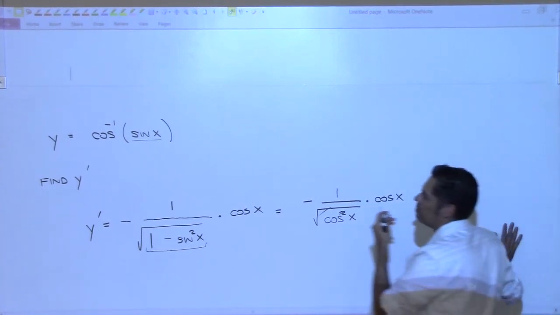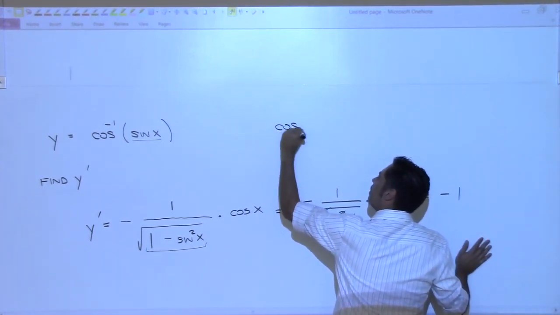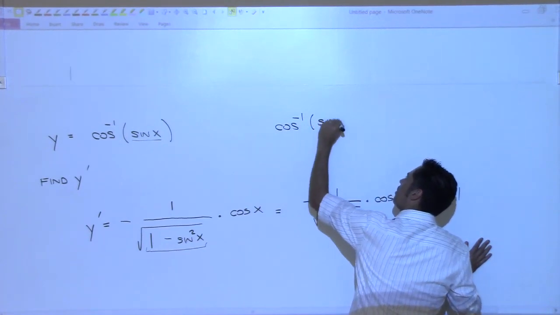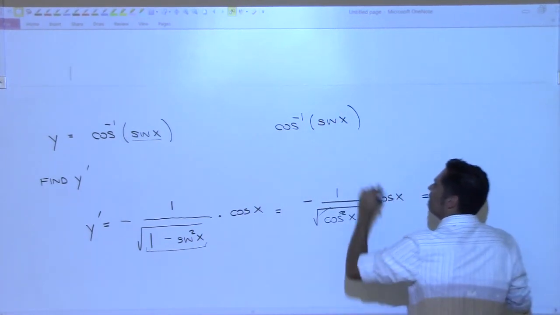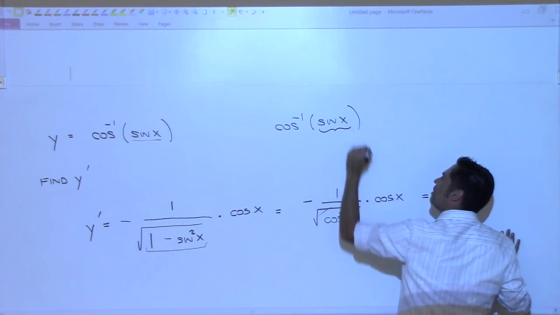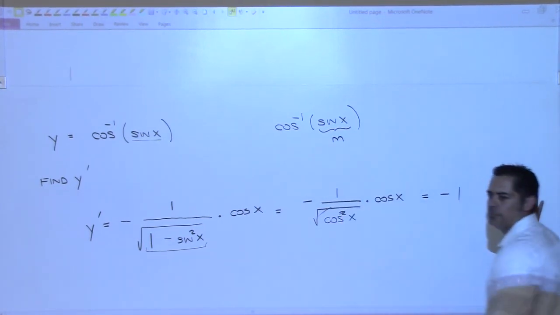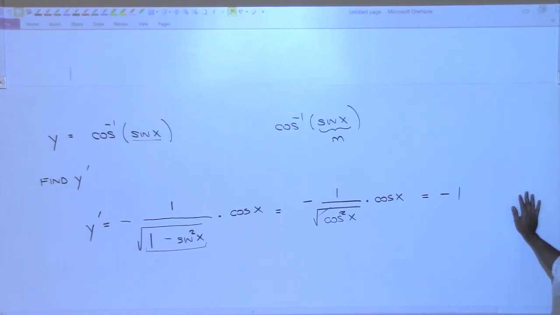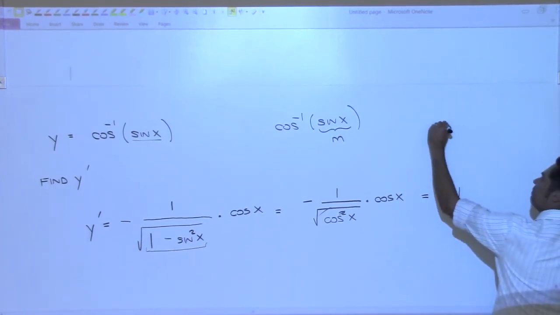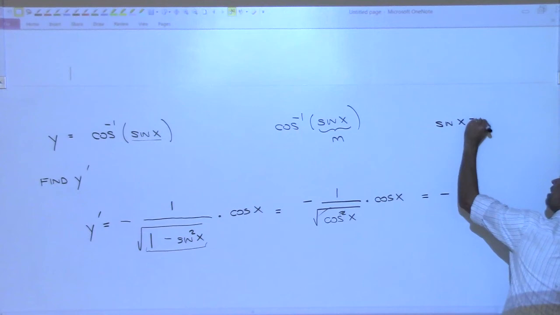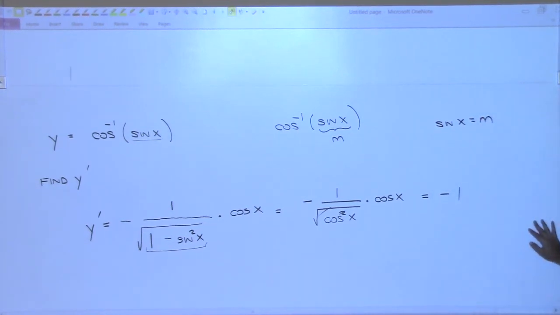So maybe we can do something here. Let's just take a look at this expression real fast. Let's call this right here, just for the sake of it, m. Now, I'm going to write something down. Sine of x is m, everyone. Wherever you see sine x, I want to replace it with m. By the way, we're done. This is the answer, but I'm having us consider something right now.